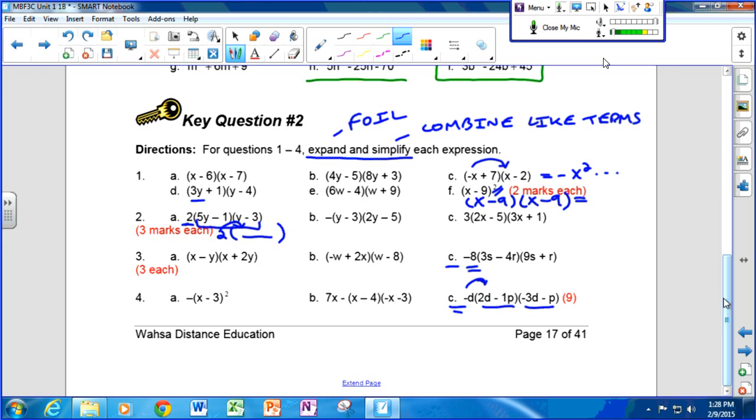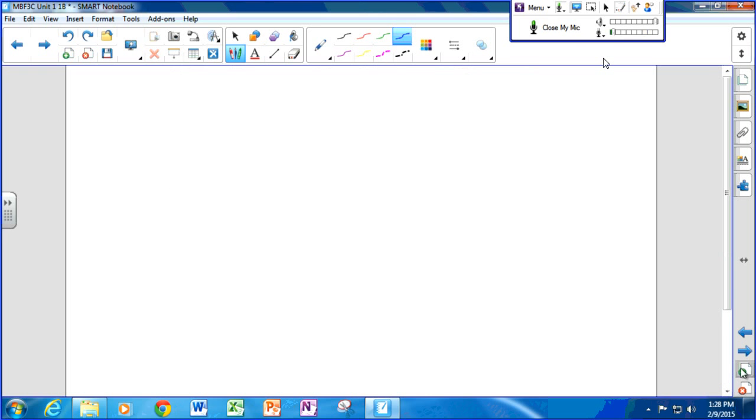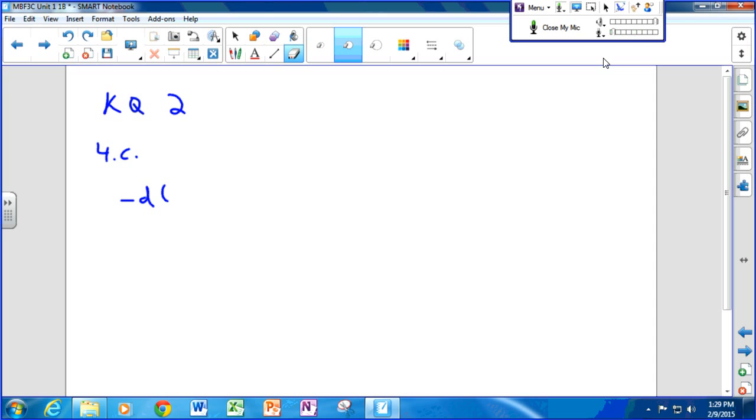So let's take a look at this one just a little bit here. This is key question 2, and this is going to be 4C. So the question is negative d times 2d minus 1p. Part of the thing is, I don't think that this was really covered in the course material, but I think we can deal with it.